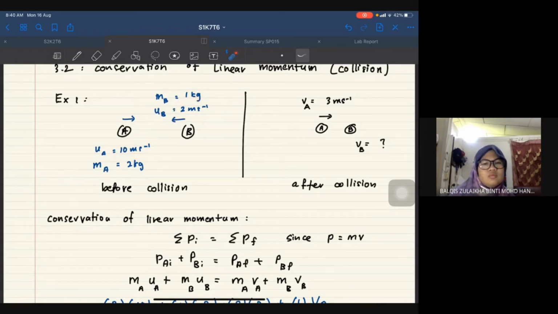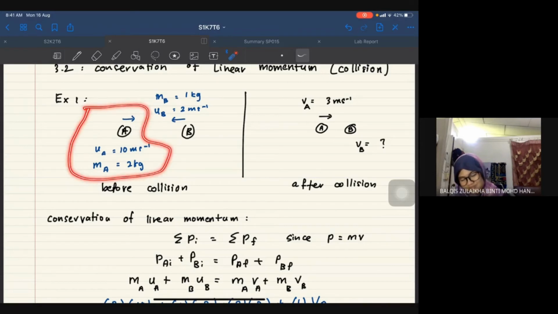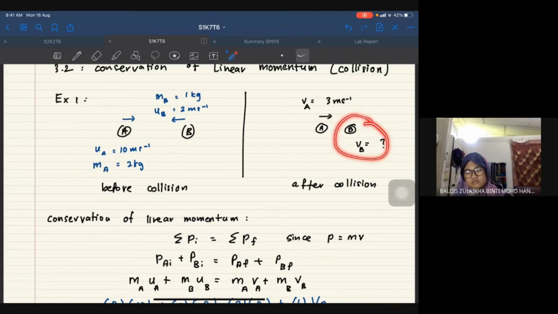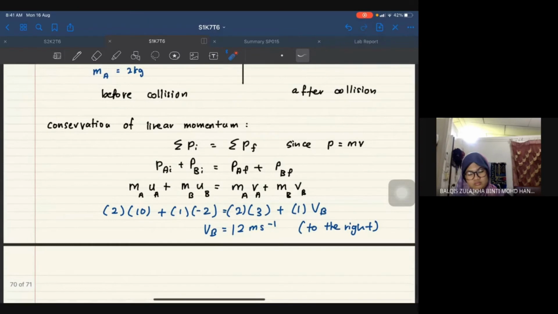So kalau kecil-kecil kamu main langgar kereta kan, obviously yang this one akan menang lah. Okay, saya cakap dia menang tapi tak ada menang kalah here. So in this case, this one will determine the direction for this one. Since this one end up to the right, so this one will be to the right as well. So it makes sense. So this one is based on conservation of linear momentum.